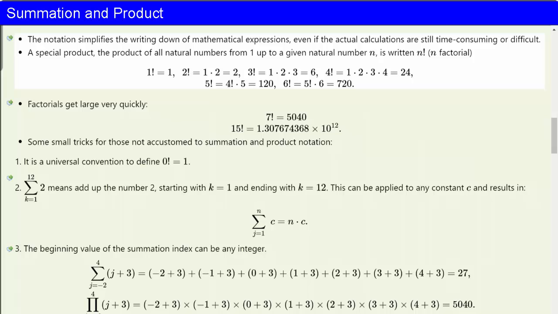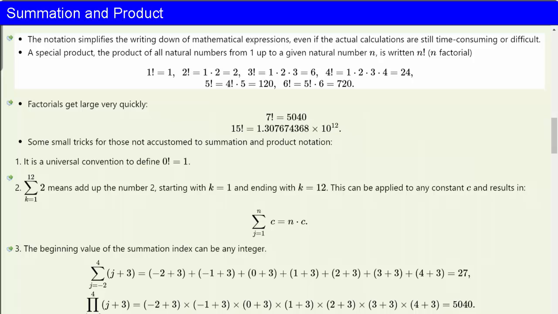One very special product is the product of all of the natural numbers from 1 up to a given natural number n. This is written n followed by an exclamation point and called n factorial. For example, 1 factorial is 1, 2 factorial is the product of the numbers 1 and 2, that's 2. 3 factorial is the product of the numbers 1, 2, and 3, which is 6. 4 factorial is the product of the natural numbers from 1 to 4, which is 24, and so on.